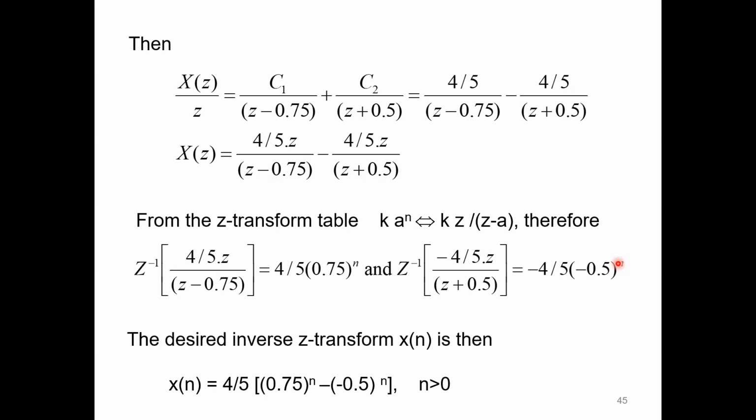So when you combine the two sequences together, this is the result. 4/5 is common. It is 0.75 to the n minus 0.5 to the n. So you can calculate the first sample when you substitute n equals 0, the second sample when you substitute n equals 1, and so on.